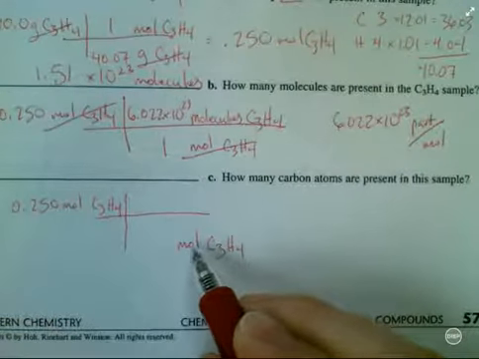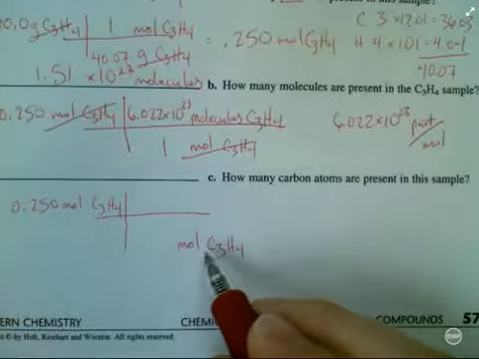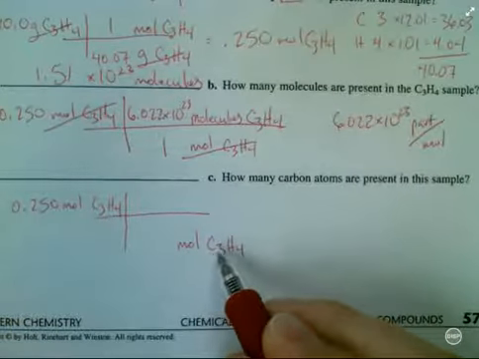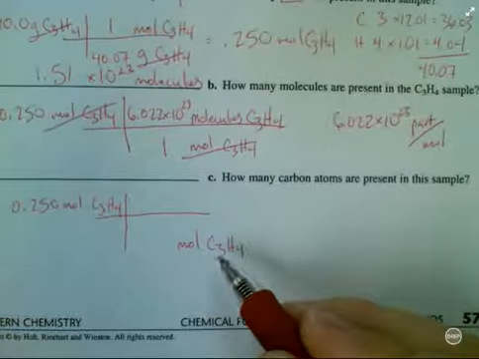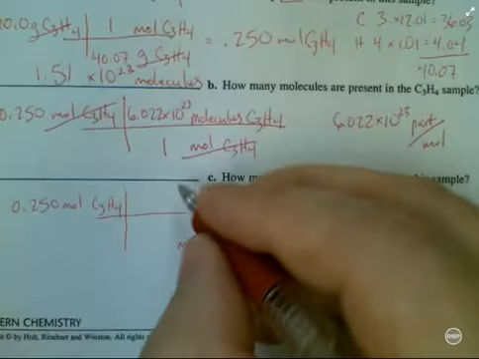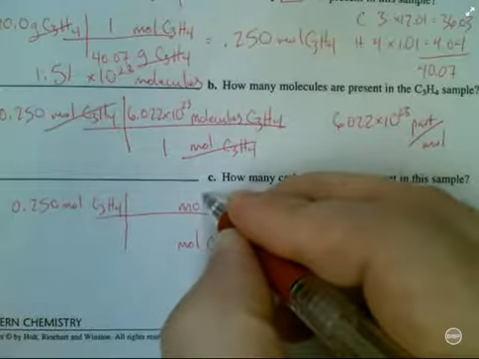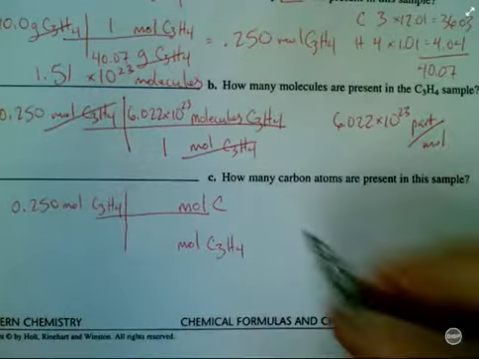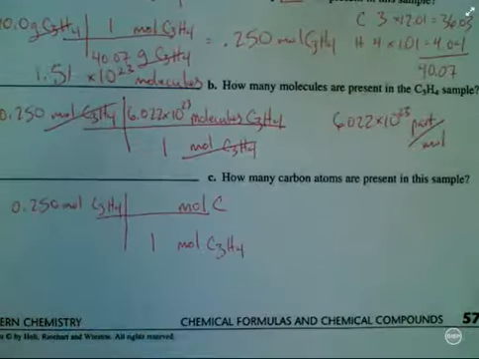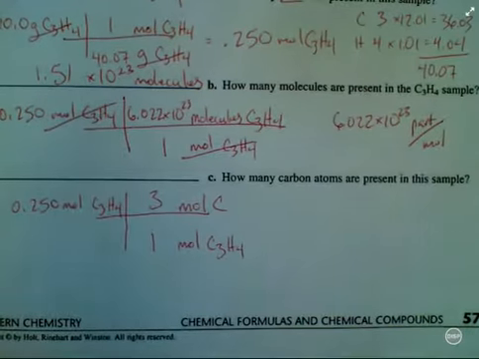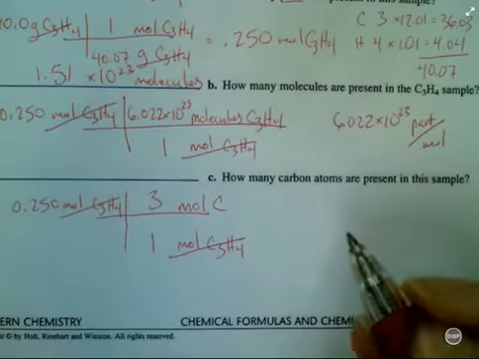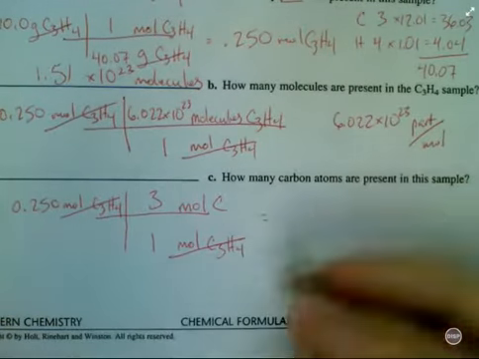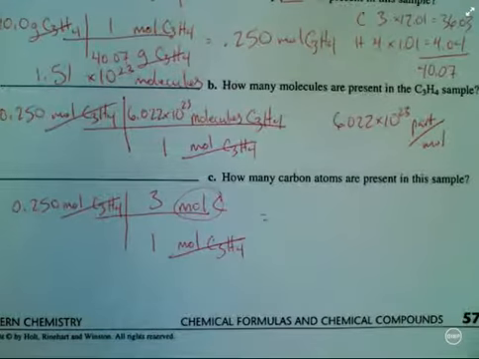In that same way, for every 1 mole of this substance, I have 3 moles of carbon atoms. That's the same thing. It's a statement of equality. So I can use that as a conversion factor. Moles of that stuff will cancel.